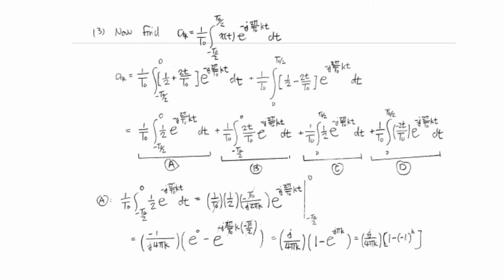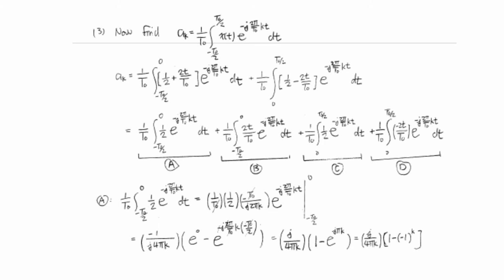Because x of t is a piecewise continuous function, we're going to split it into two pieces where it's two different lines. Next up, we're going to distribute this, multiply this in, so that we get two terms off of this and two terms off of this. So 1/2 times this exponential gives you this term here. 2t over T0 times this exponential gives us this here.